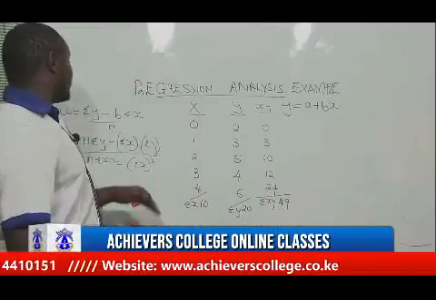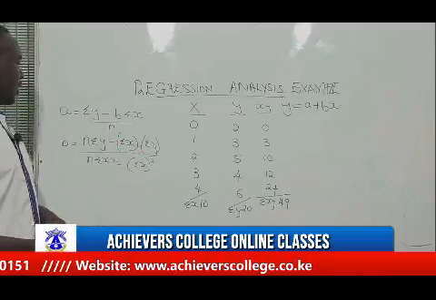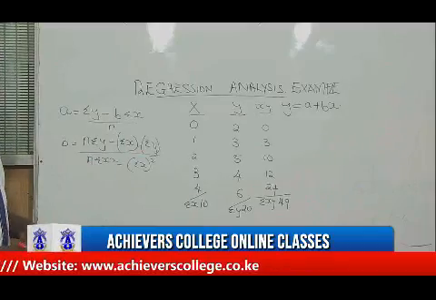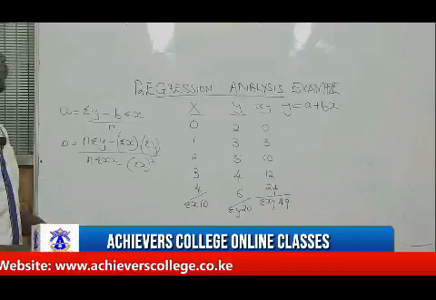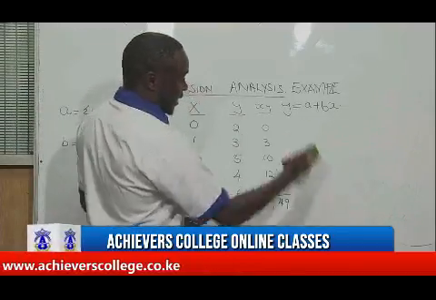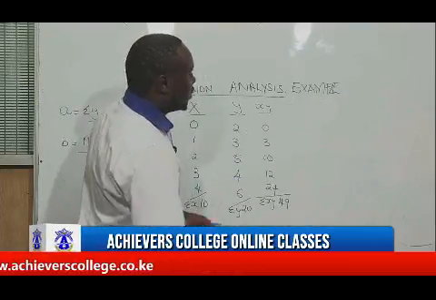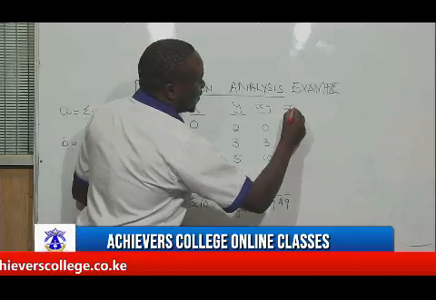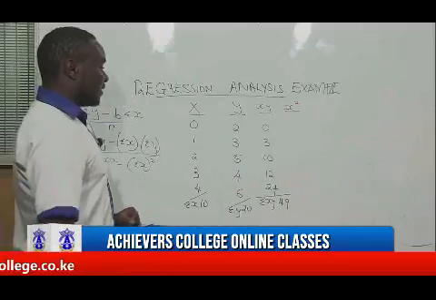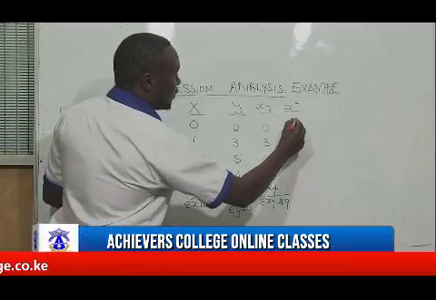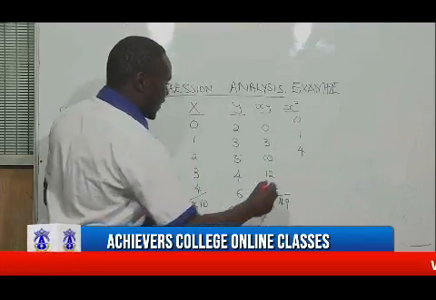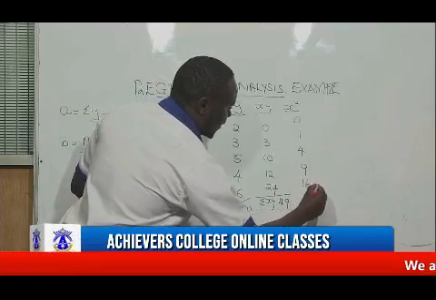The other column we need to look at, from our normal equation, is the value of x squared. You just square the values of x. We have 0, 1, 4, 9, and 16.